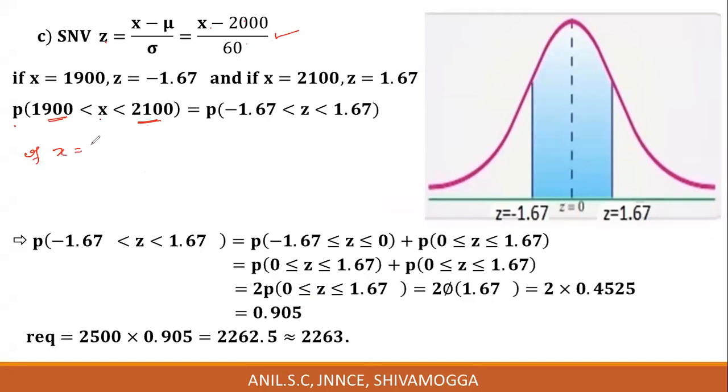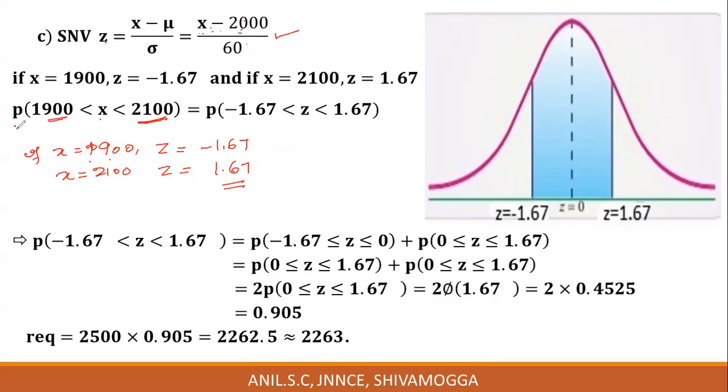If x is equal to 1900, what will be the corresponding value of Z? This is 1900 minus 2000, that is minus 100, divided by 60. It is minus 1.67 approximately. When x is equal to 2100, Z is equal to 2100 minus 2000, that is 100, divided by 60, approximately 1.67.